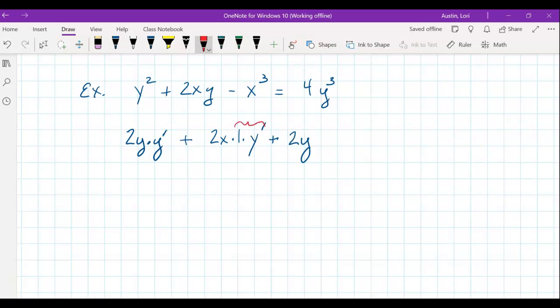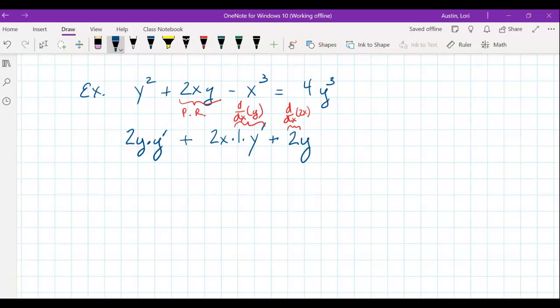This is d dx of y, right? 2 is d dx of 2x. So notice the only y prime is one time in that product rule. Okay, you're not done. This you needed product rule for. All right, we got to finish it now.